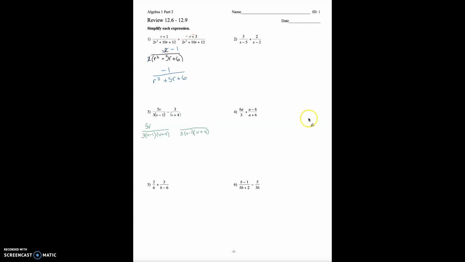What did we multiply the denominator by here? v plus 4. So I'm going to also put that v plus 4 here. What I multiply the denominator by, I also have to multiply the numerator by. I'm going to change this minus sign into a plus, like I did for number 1, and now, because I changed it to plus, that 3 is a negative 3.